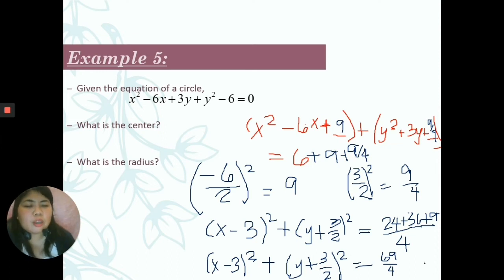So now your equation is transformed into standard form.